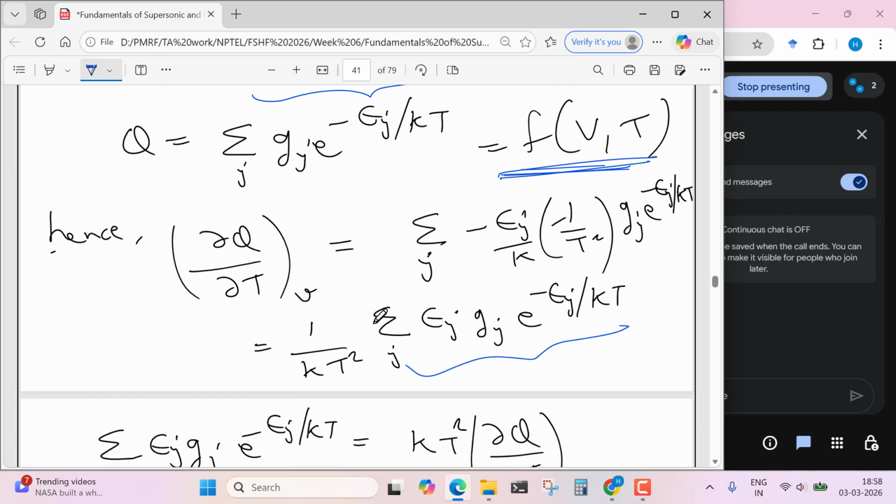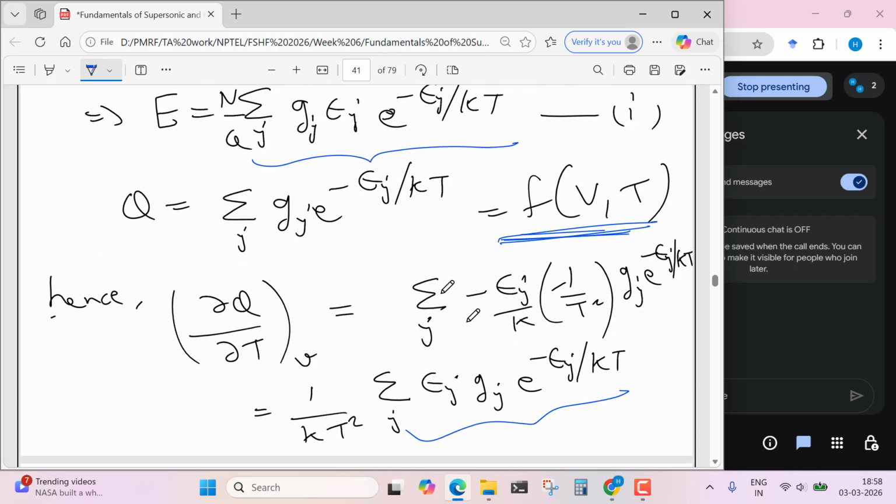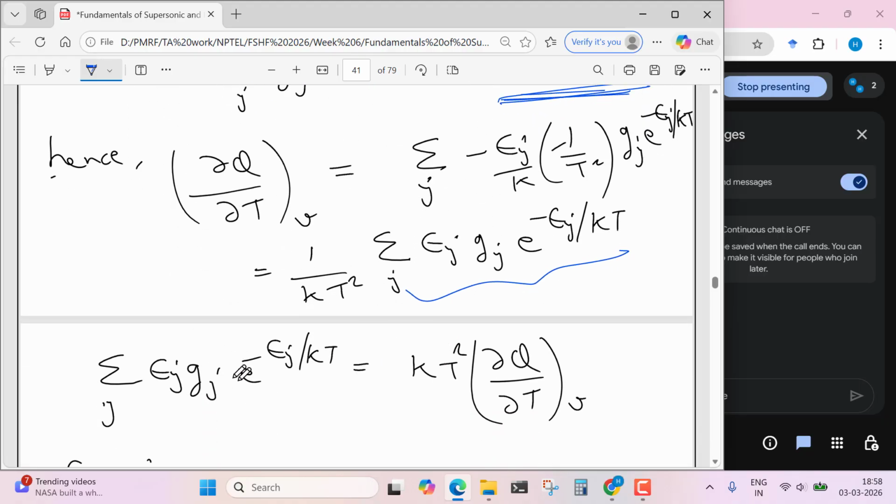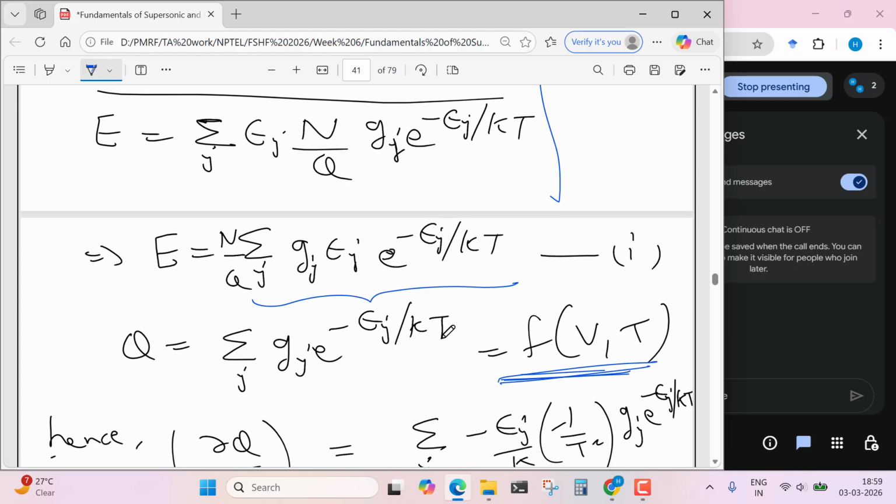Now you see in this equation, this term is similar to this. So we can get sigma epsilon j gj e to the power minus epsilon j upon kT is equal to kT square dou q upon dou T at constant volume. Now we'll substitute this in the equation 1.